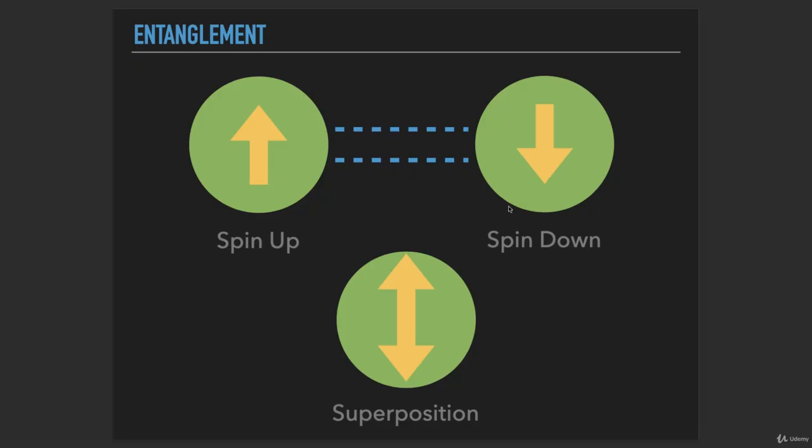It doesn't even matter where they are located. If they have interacted with each other, and you take one electron to space while the other one stays on the earth, when you measure the one on the earth, the other one in space will be immediately spin down. Okay, it's even faster than the speed of light, because it's instantaneous.